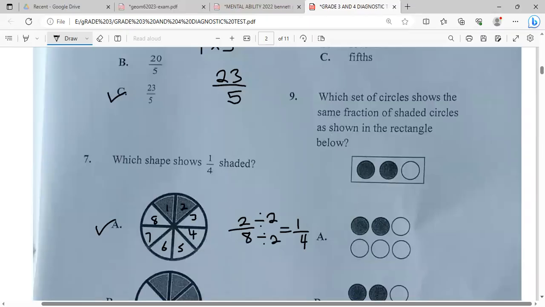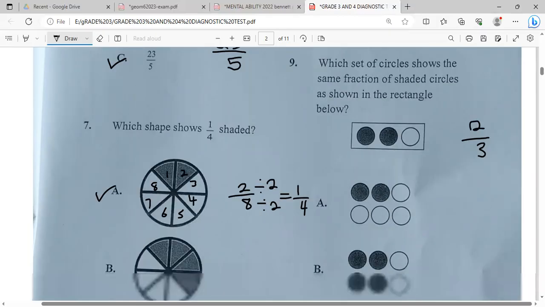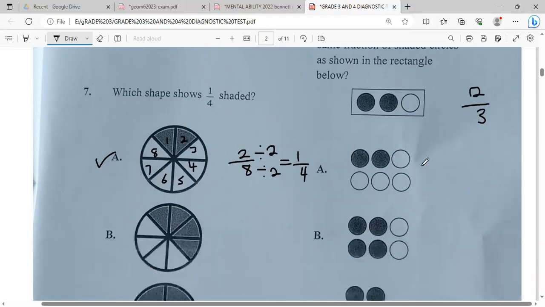All right, number 9. Which set of circles shows the same fraction of shaded circles as shown in the rectangle below? In the rectangle, we have 3 circles and 2 are shaded, so we're going to find the equivalent fraction for 2/3. This one has a total of 6, so our denominator is 6.